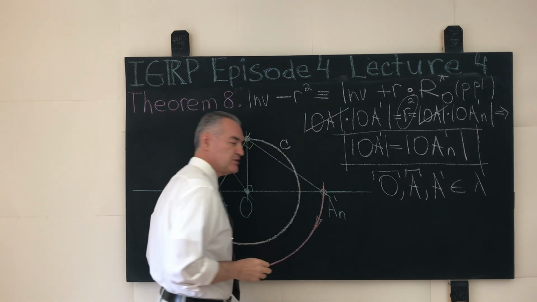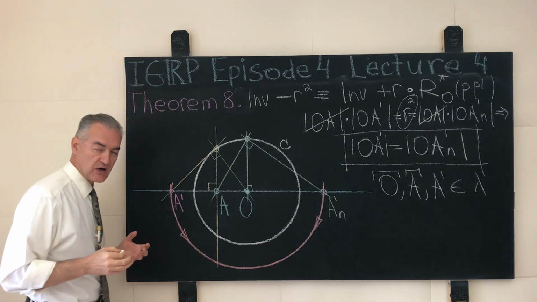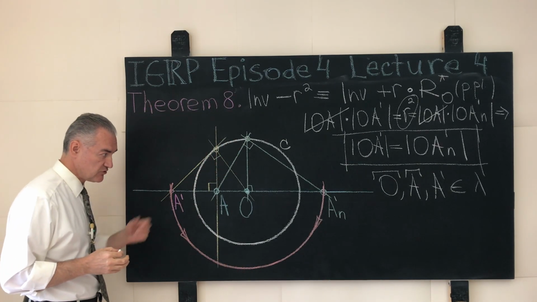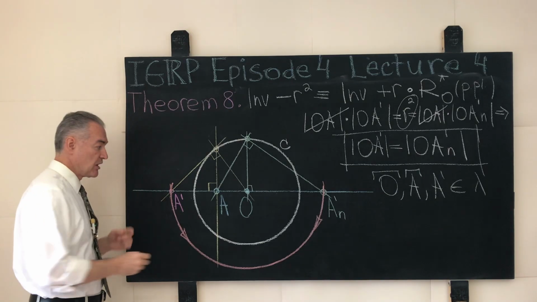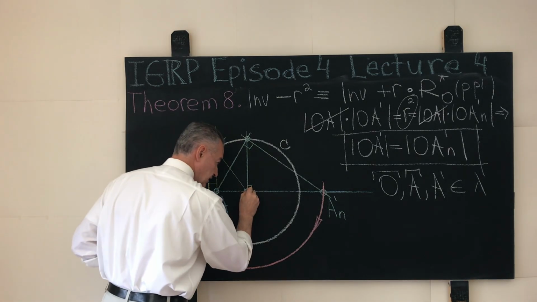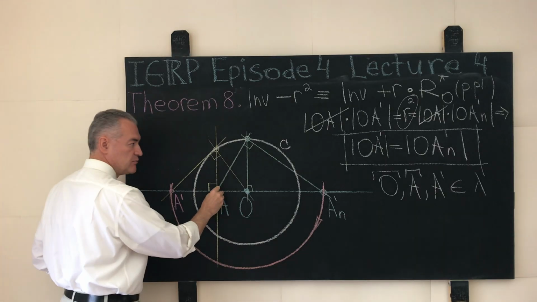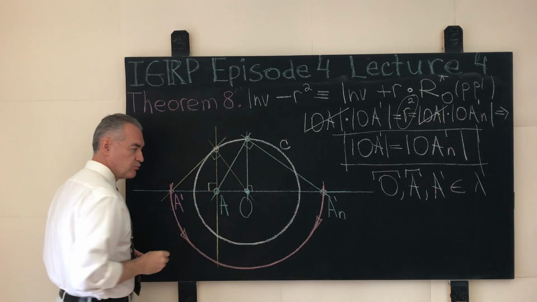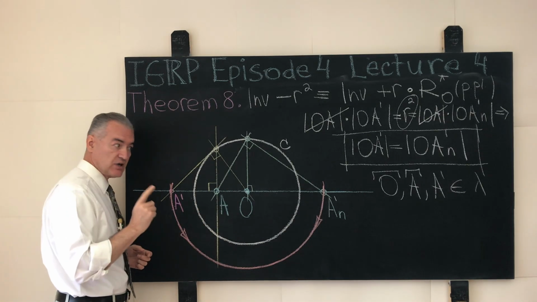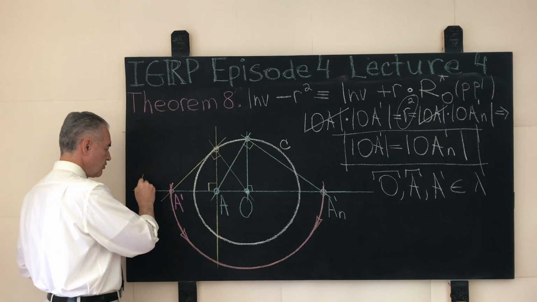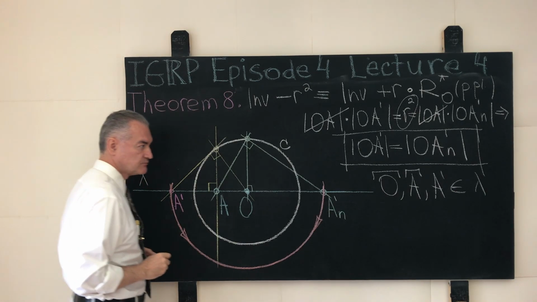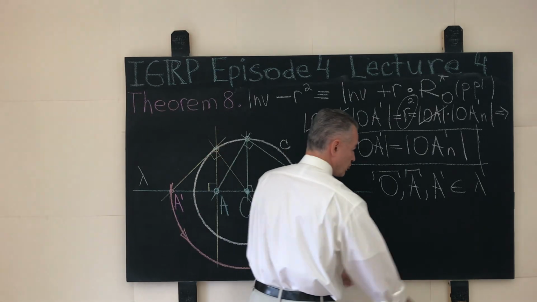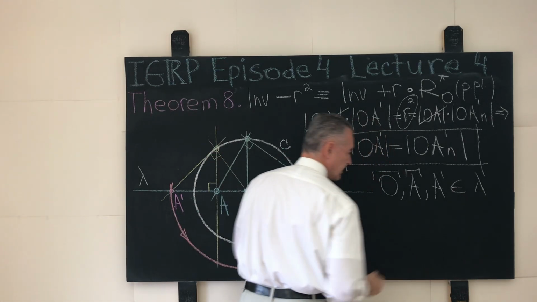So these 2 points, if we go back to many of our proofs and solutions of constructive problems, what was the first thing we did? Well, we snapped a straight line through the center of inversion and the pre-image point. These 2 distinct points define a unique straight line. Let's say we will call this straight line lambda. So under the inversion with positive power, this must be the case.